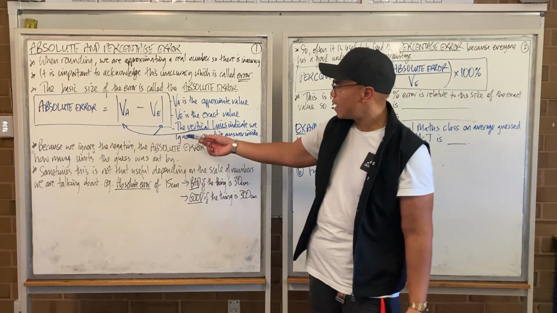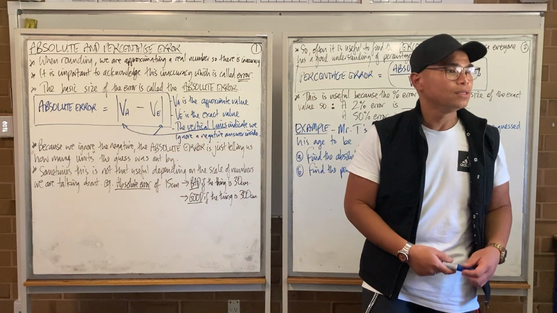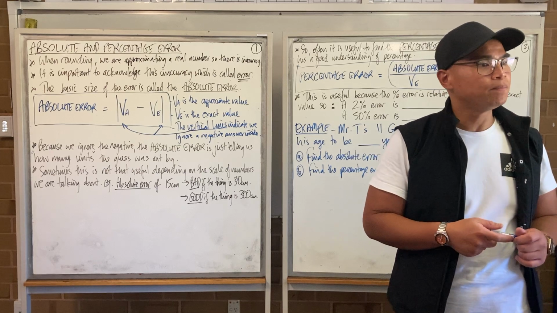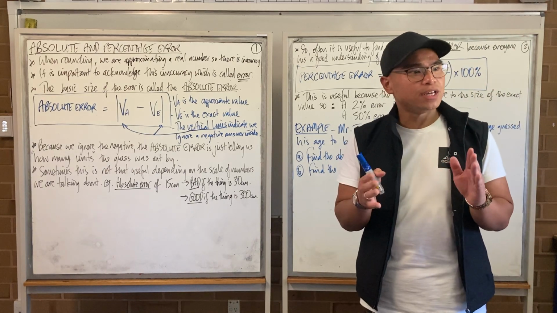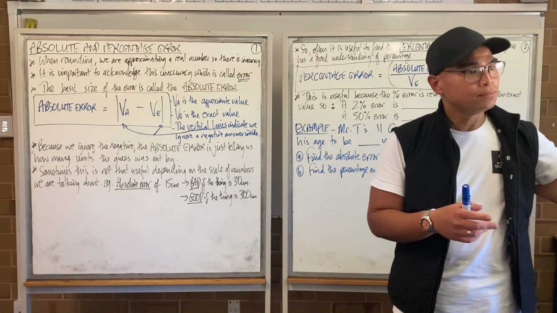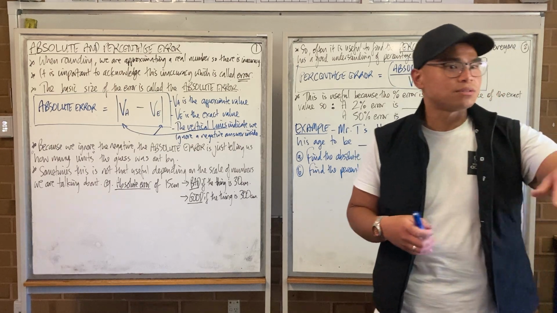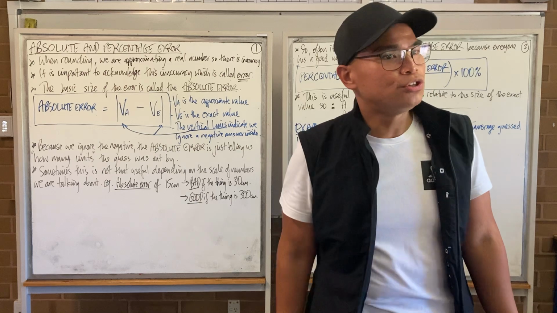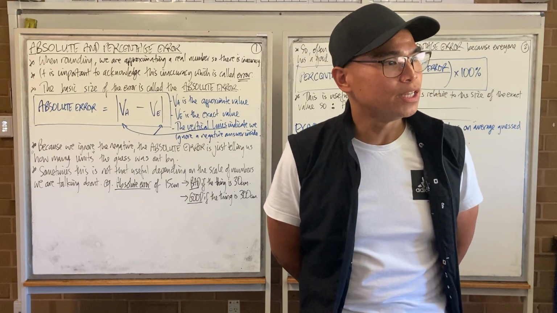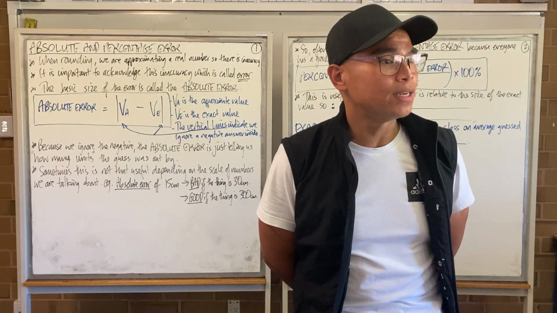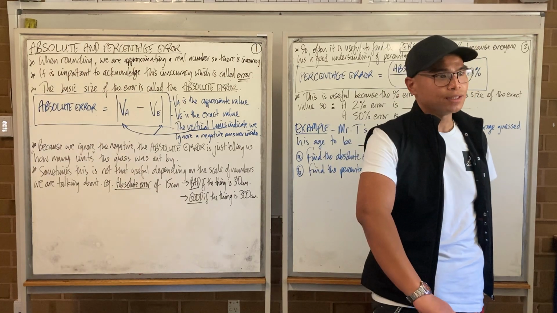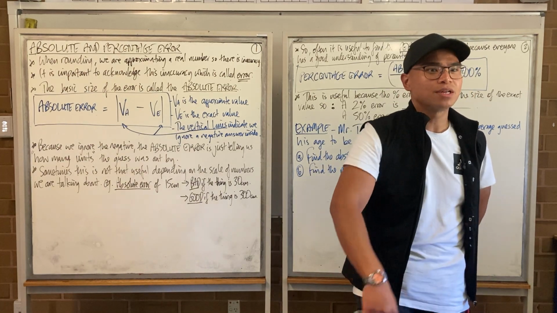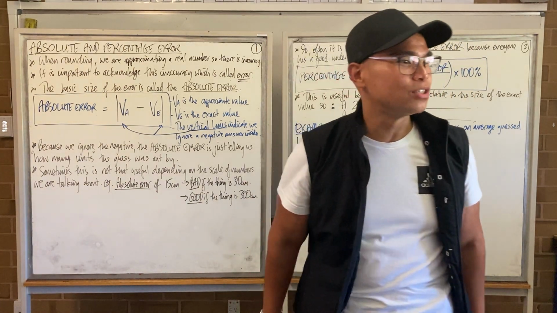And what do the vertical lines mean? It means we ignore if it's a negative number in there. Because is it possible to guess too big? Like if I was to guess my height, is it possible to say, oh, I reckon Mr. T's like 2 meters tall, which I clearly am not. So that's an overestimate, right? Is it possible to guess under? Is it possible to say, yeah, he's a short king, he's like a meter tall?